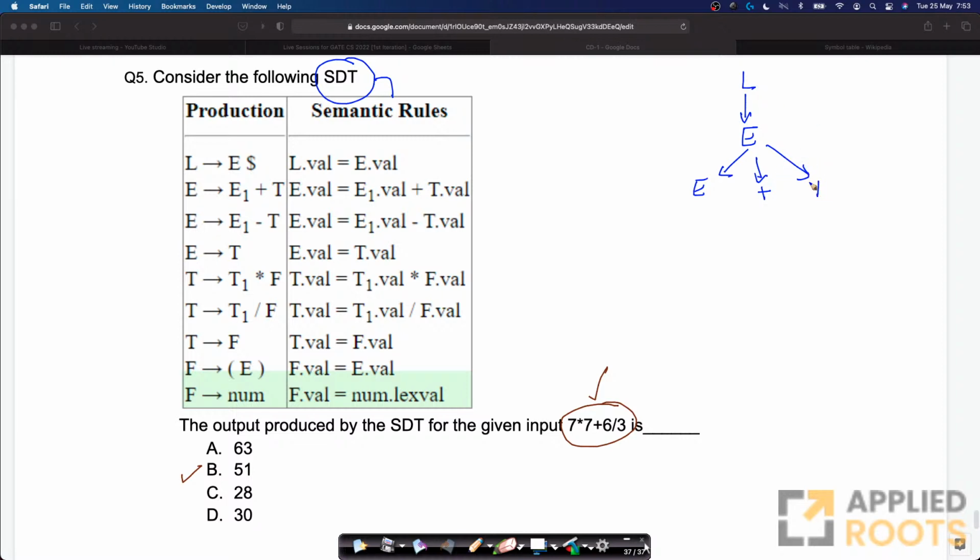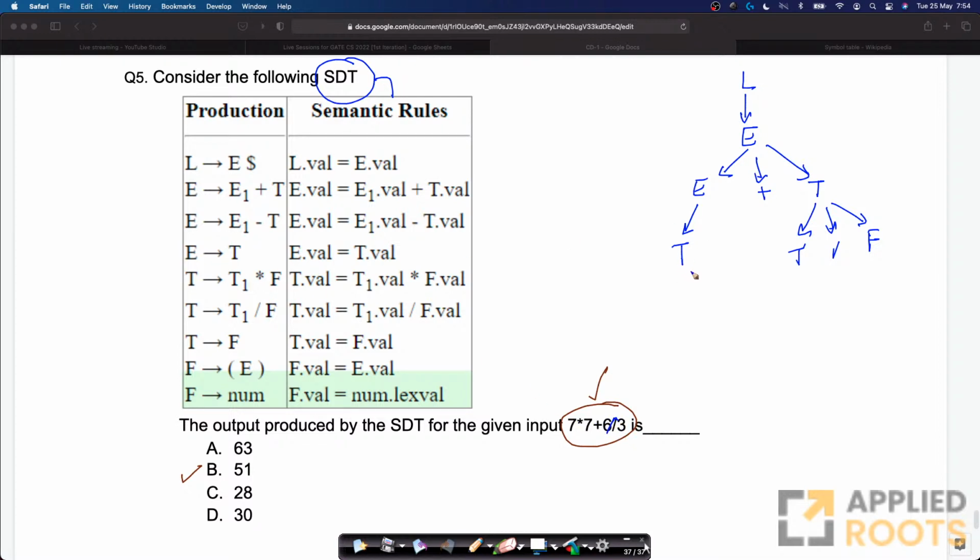I keep getting confused with these terms. Okay, so E generates T. T can generate T star F. T can generate division also, so T can generate T/F. I'm just looking for what all can generate my division and multiplication.